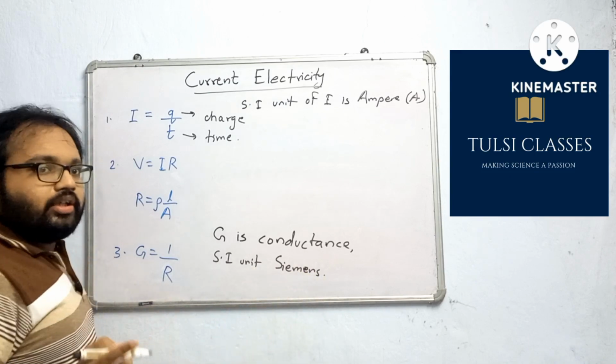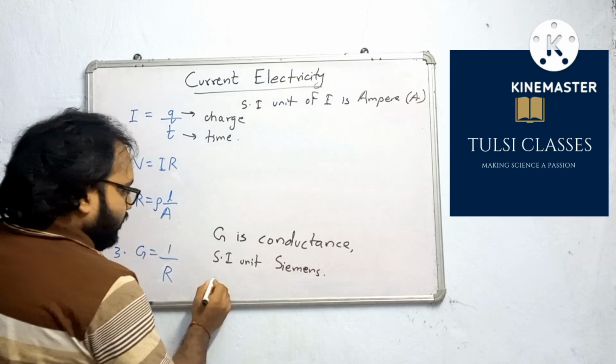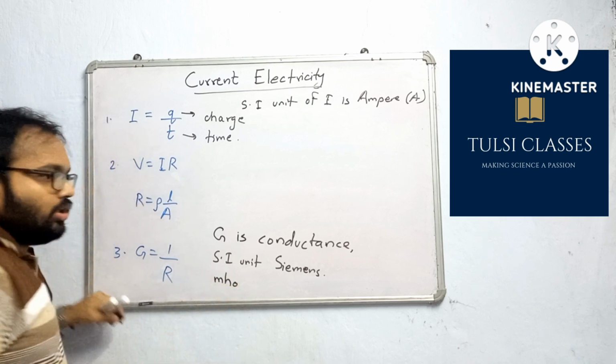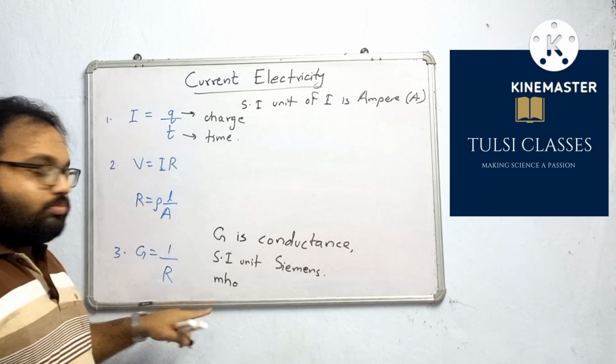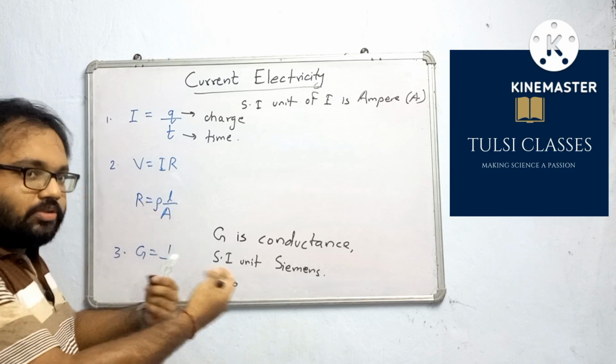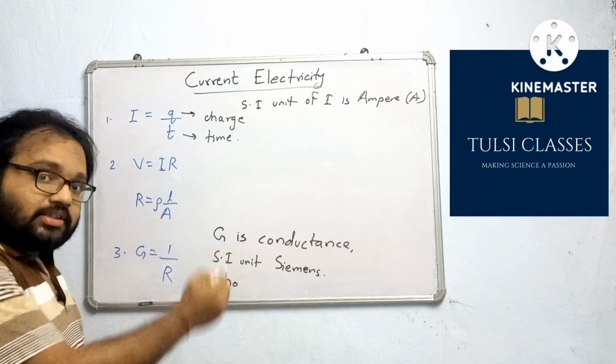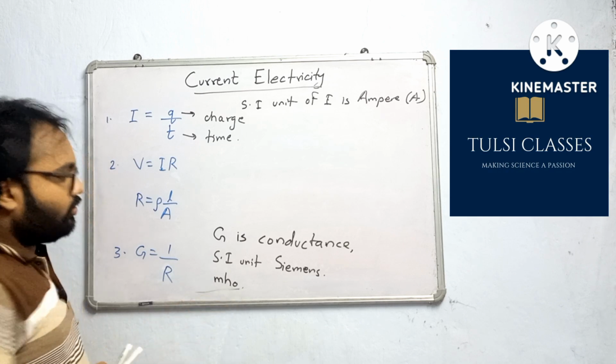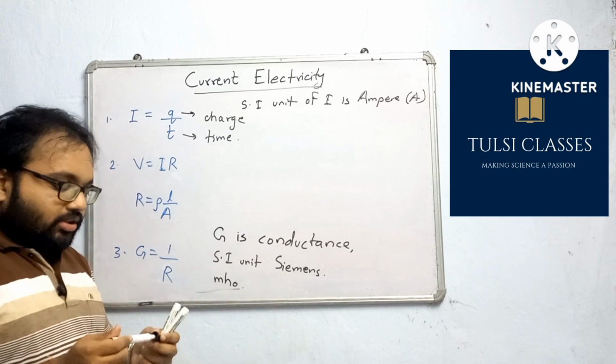But initially its unit was mho. Ohm is the unit of resistance, so its opposite is conductance. That's why people said mho is correct. But now Siemens is used.